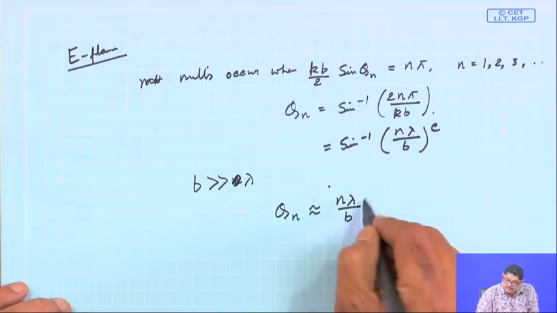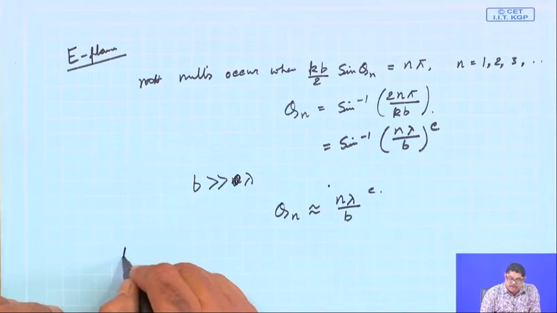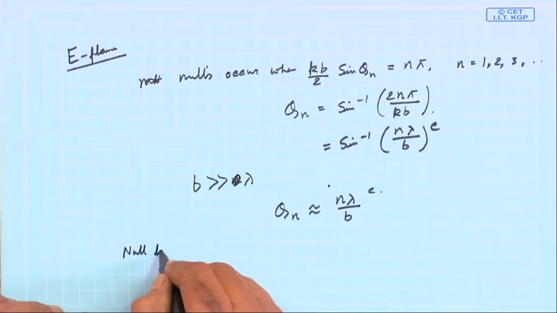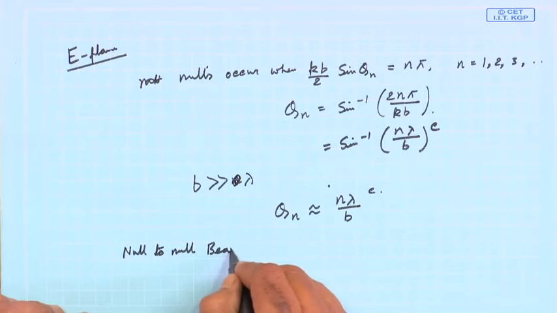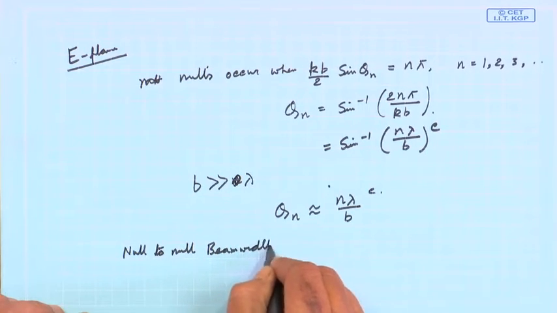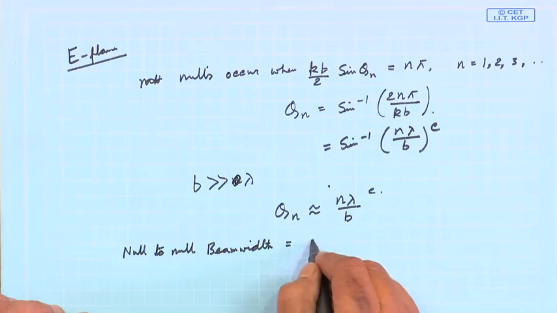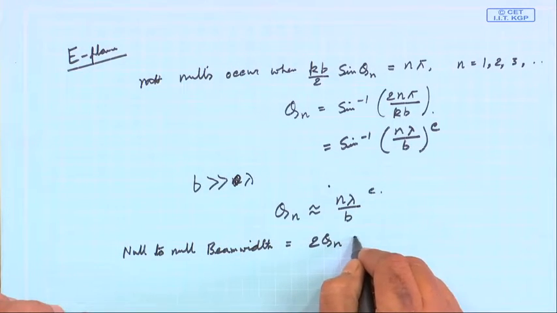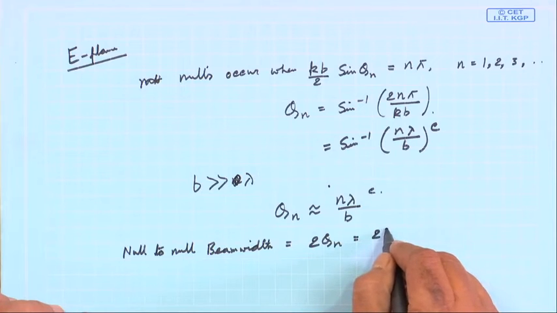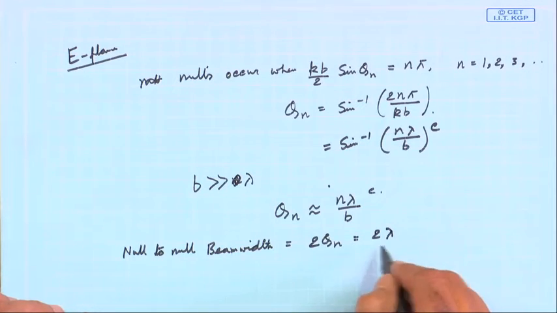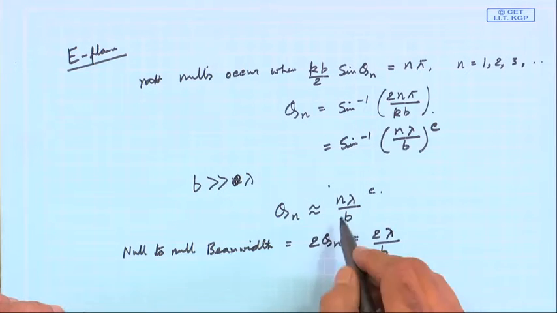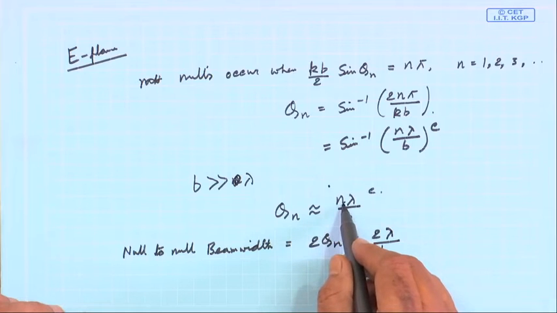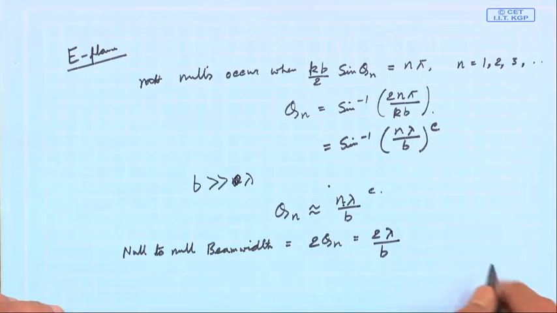So, what will be the null to null beam width? That will be 2 theta n, and that will be 2 lambda by b, putting the first null, so that n is equal to 1.